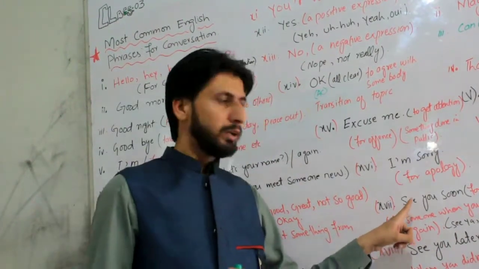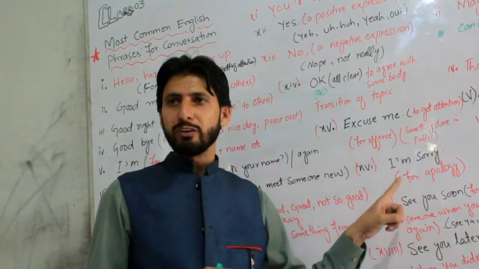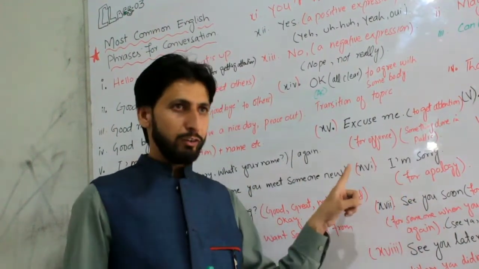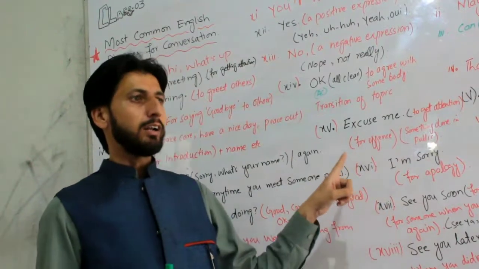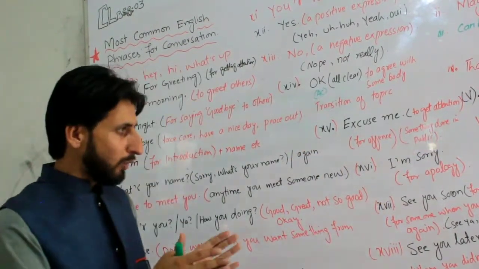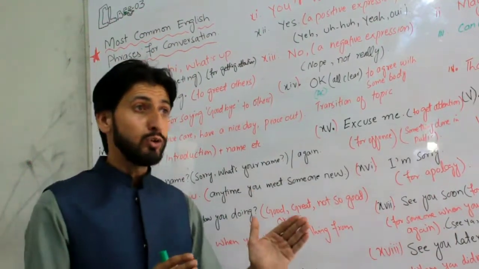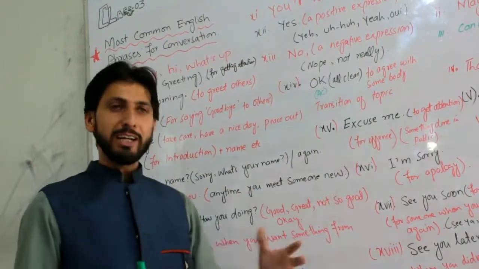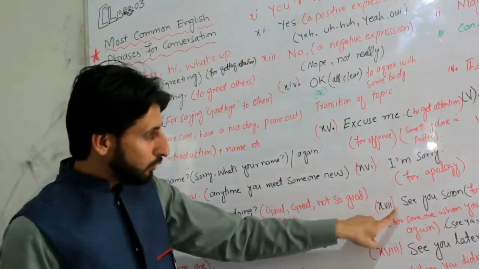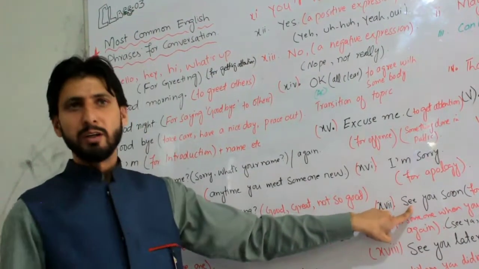So see you soon is always used for your siblings, for your friends, and for those persons whom you expect that they will meet you next time in the future at any time. You can use this expression, see you soon.